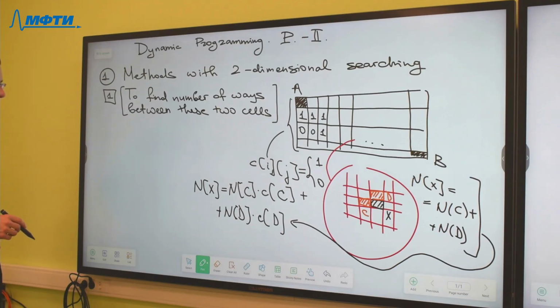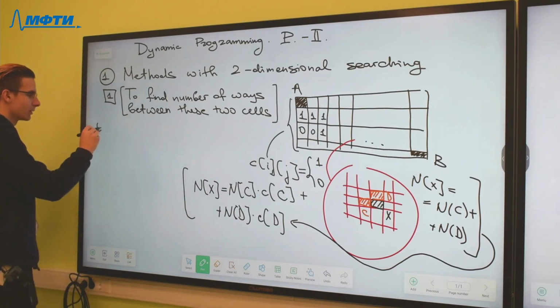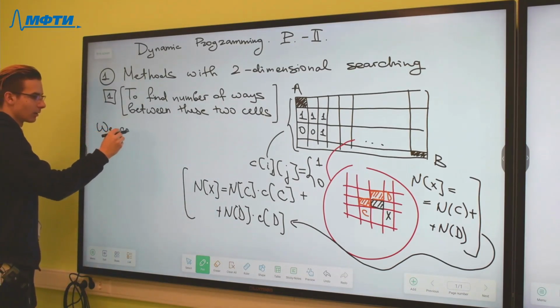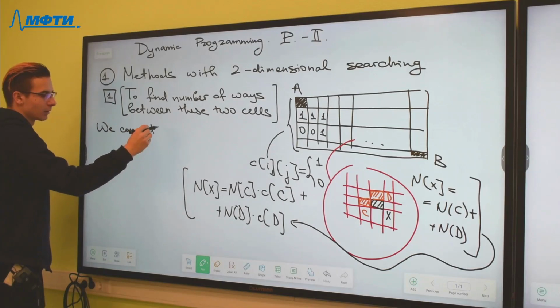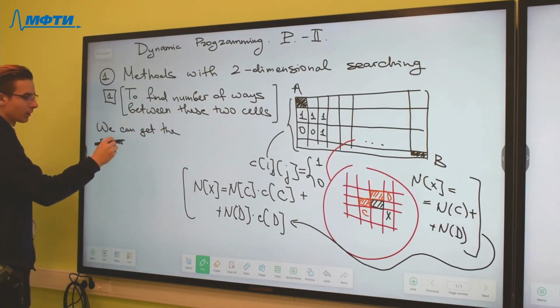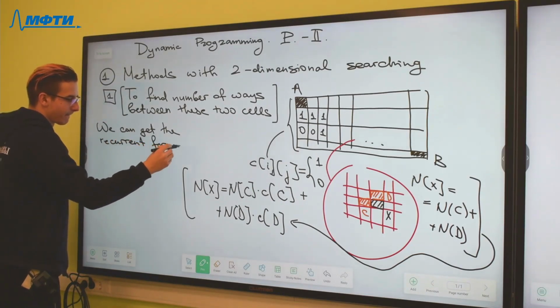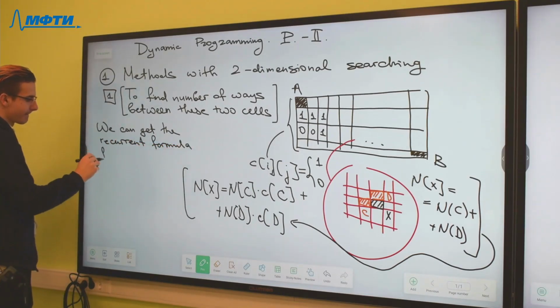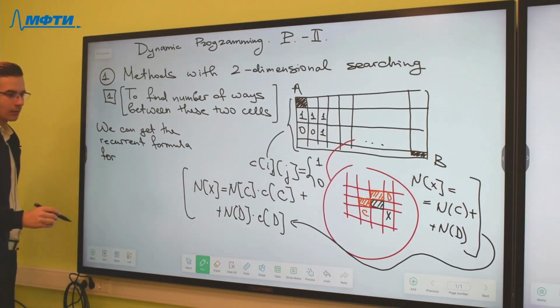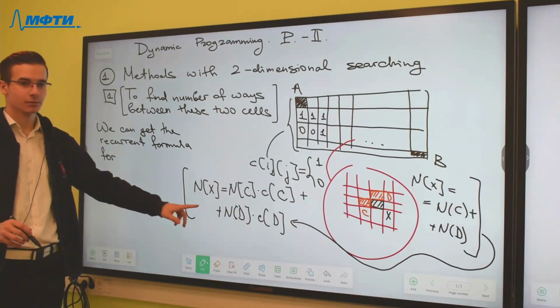So, what's interesting in this task? We can get the recurrence formula for interesting numbers.